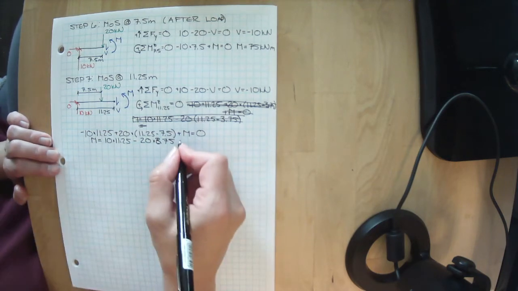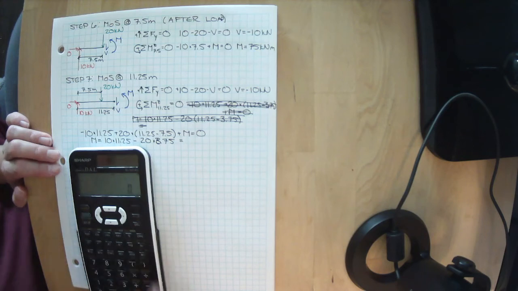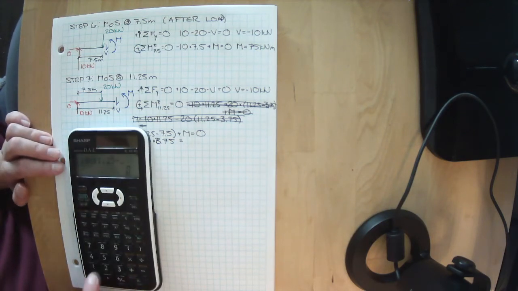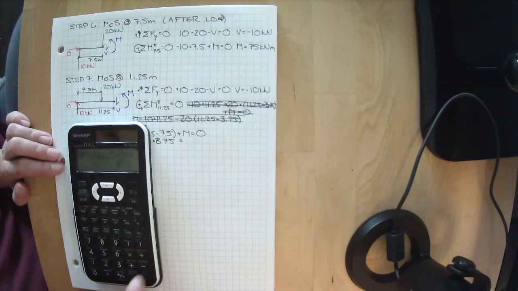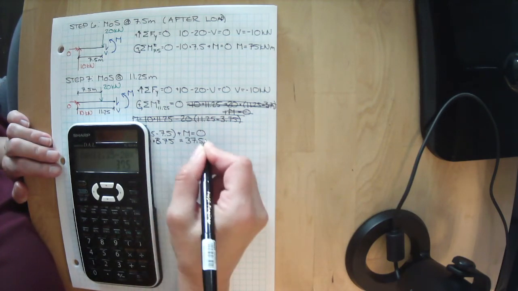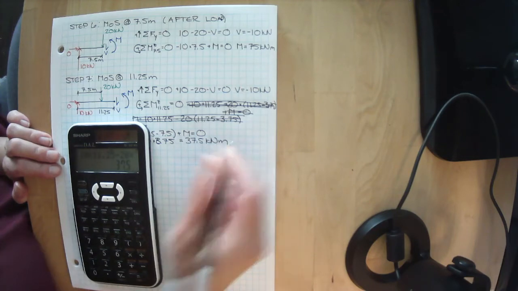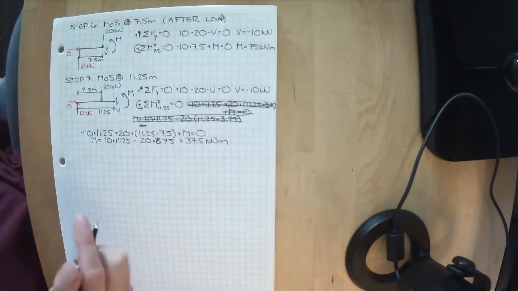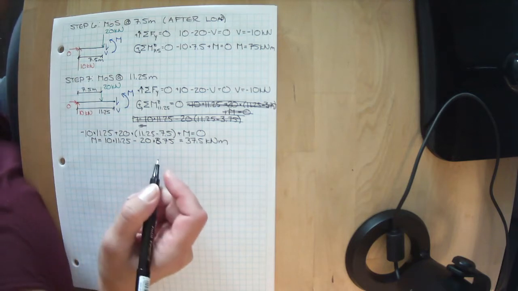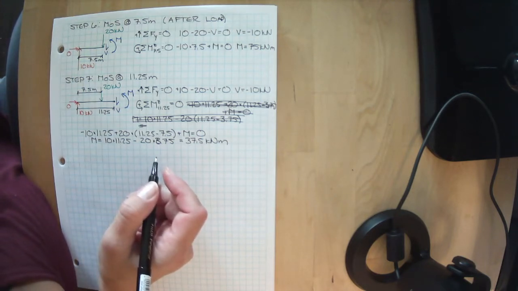We can solve for this, and we get that m equals 10 times 11.25 minus 20 times 3.75, and we get 37.5 kilonewton meters.